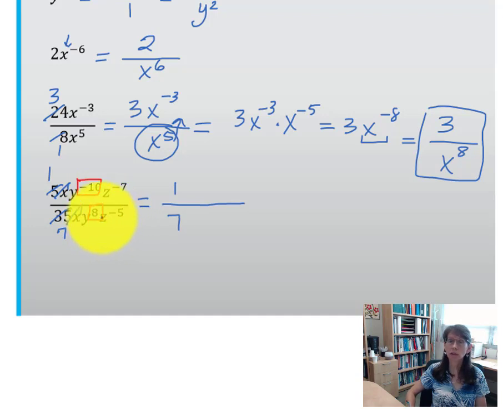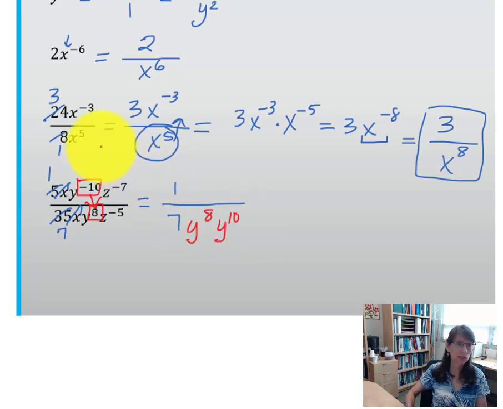And whichever one of those is the smaller number, that is the term that needs to shift so that my final answer will have a positive exponent. Negative 10 is the smaller. So negative 10 is going to shift down. So I'm keeping my y to the 8th that was already there, and joining that will be y to the positive 10. Remember, when I shift y to the negative 10 across the division bar, the sign of the exponent changes.